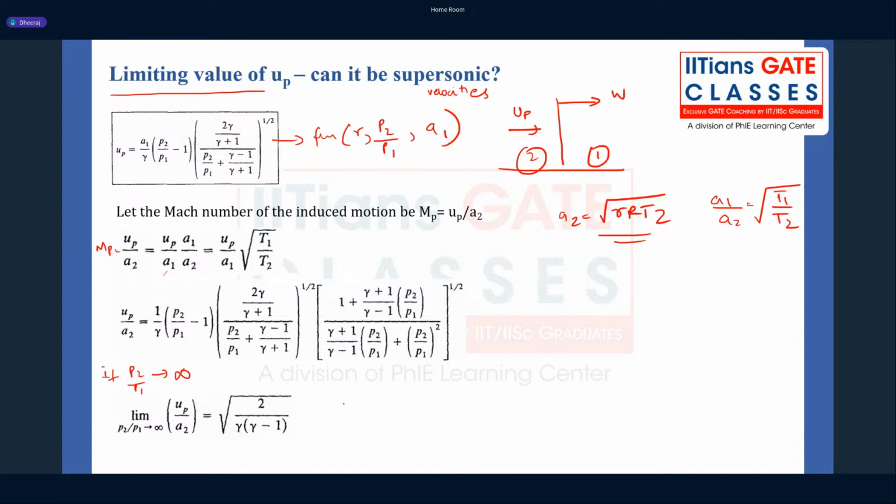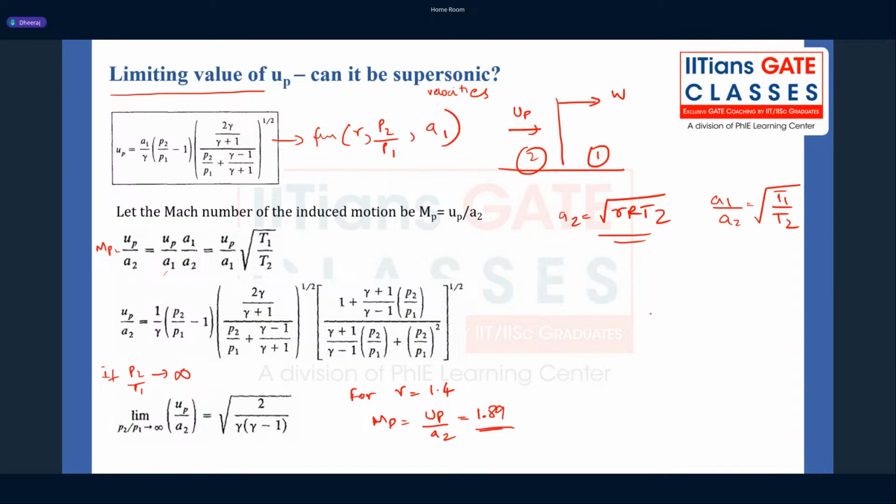For gamma equal to 1.4, which we generally take, this value MP, that is UP by A2, reaches a value of 1.89. So yes, it can go supersonic for certain pressure ratios. Correct.